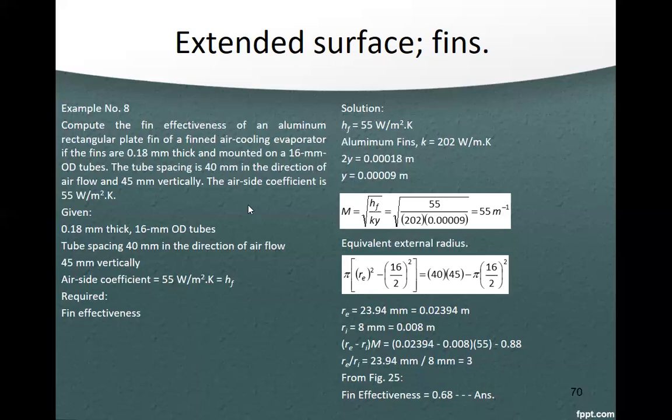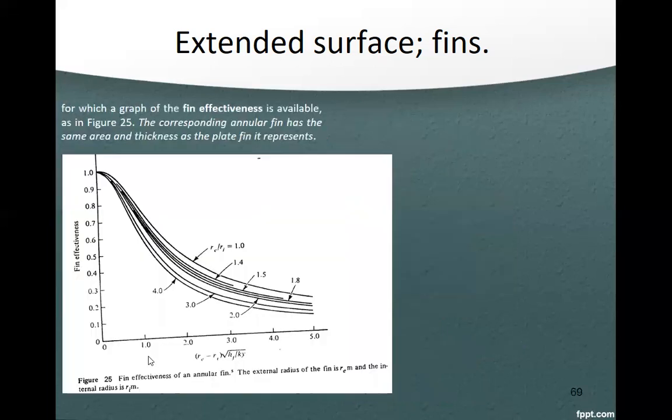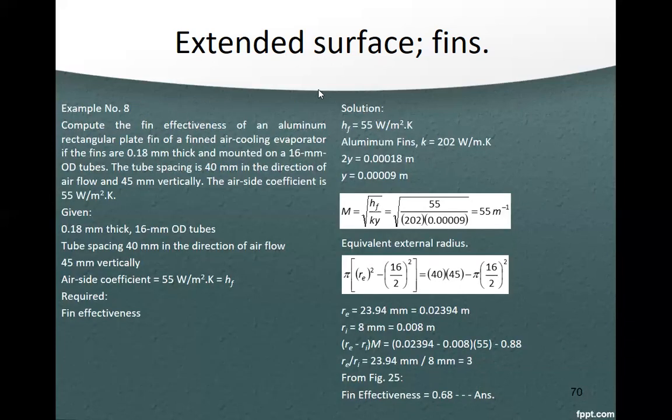Well, yan. Wait na. Yan na. (r_e minus r_i) times the square root of h_f over ... Tapos hanapin. Ito, 0.88. r_b over r_i is 23.94 mm divided by 8 mm, which is 3.